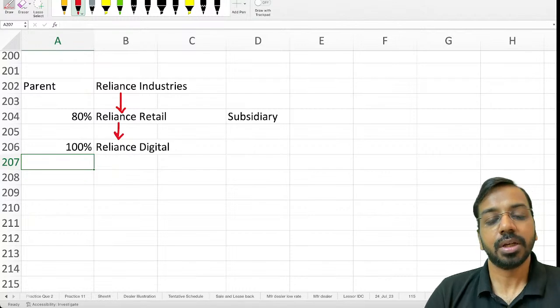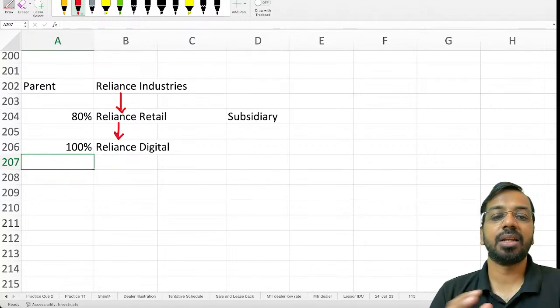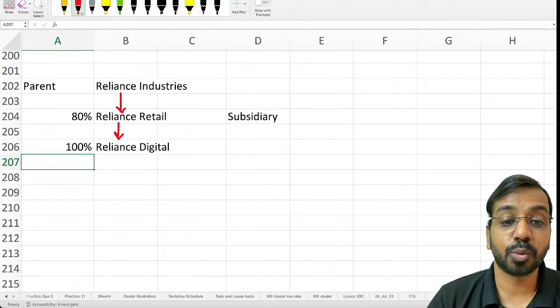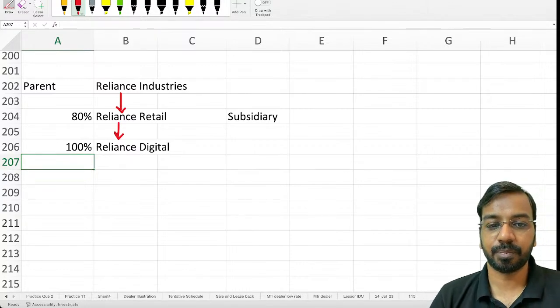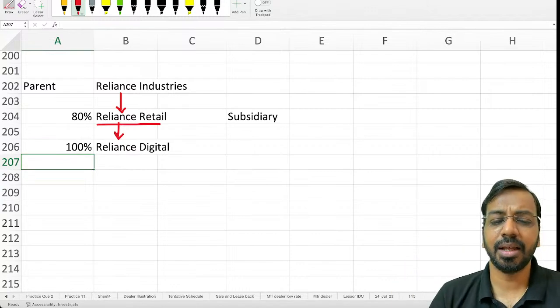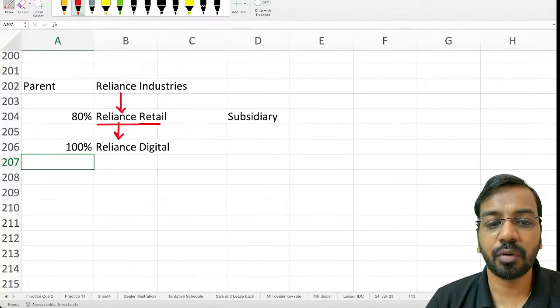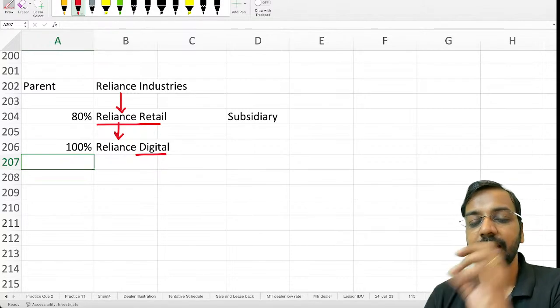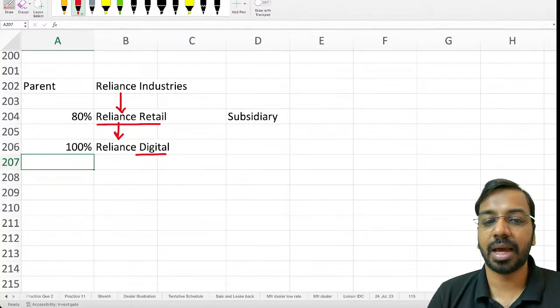Now, sometimes, as a reorganization process, Reliance Industries wants to list Reliance Retail without involving Reliance Digital. They want to remove Reliance Digital out of Reliance Retail and then list Reliance Retail.